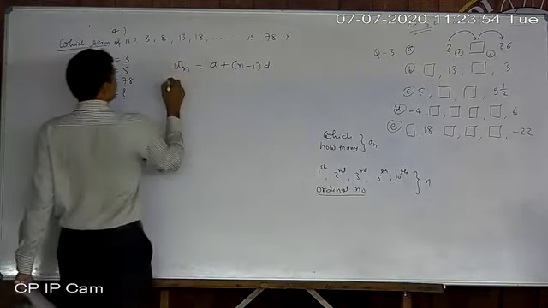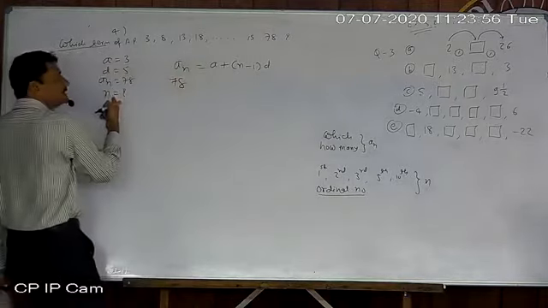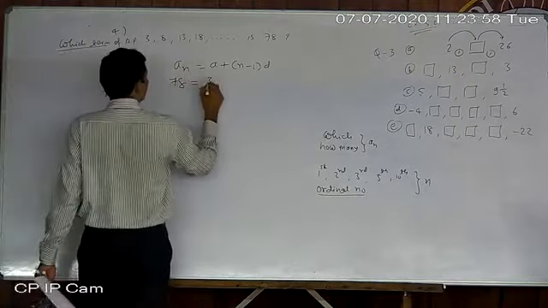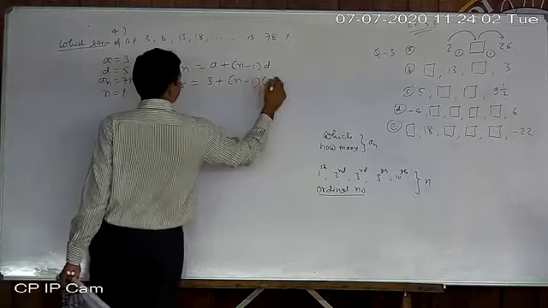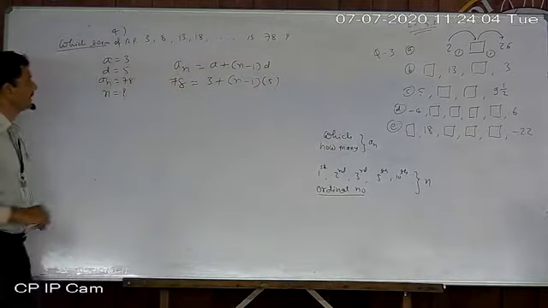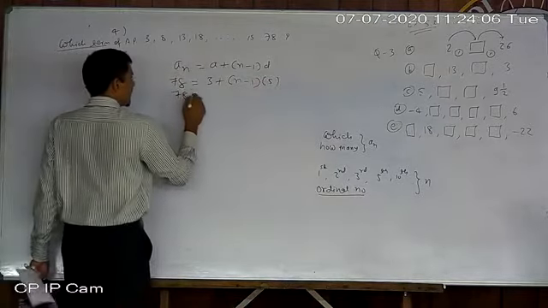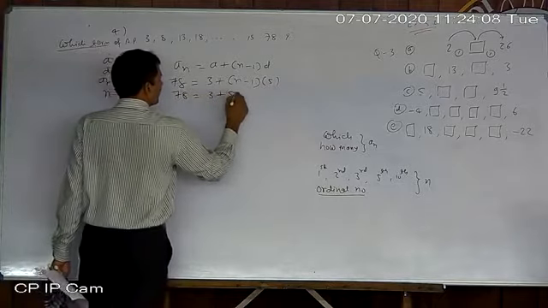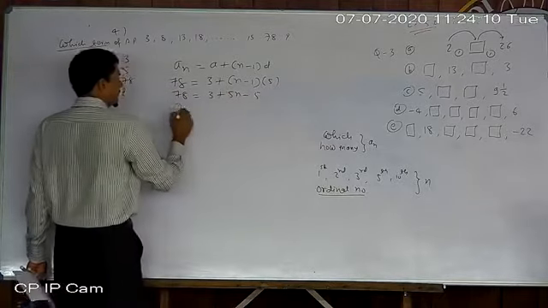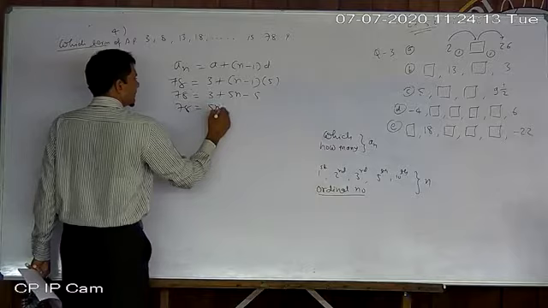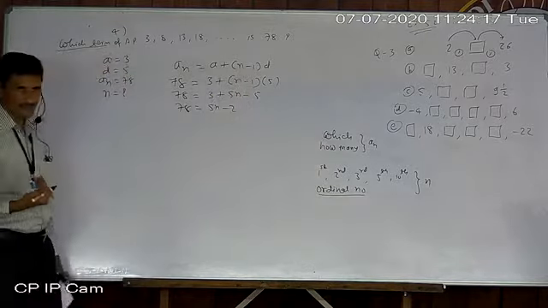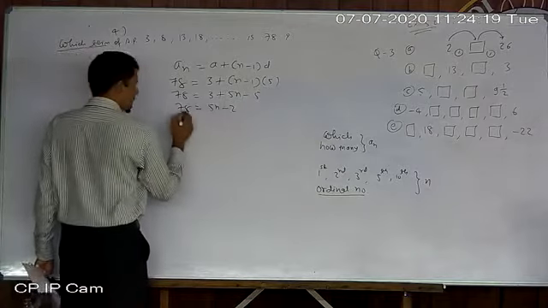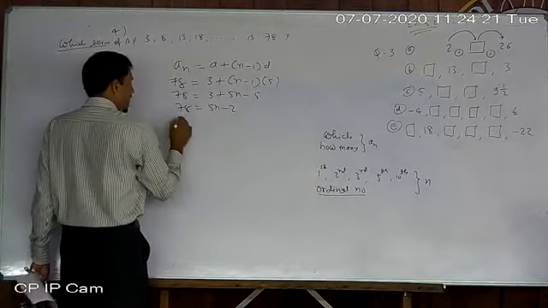So write down here 78. The list is ready here. 3, n minus 1, d, 5, always in brackets d. Now just simplify: 78 equal to 3, 5n minus 5. It is 5n minus 2. After simplification is over, just start shifting. So now shift. First of all, shift the term. So 78 plus 2, 80.